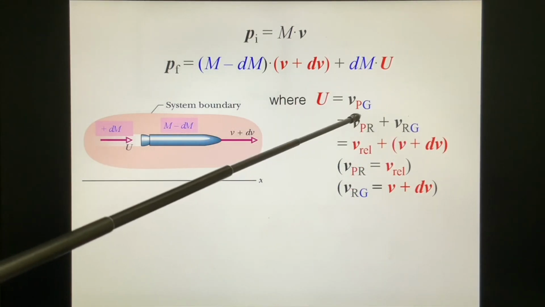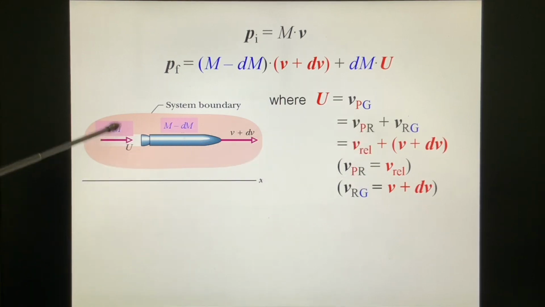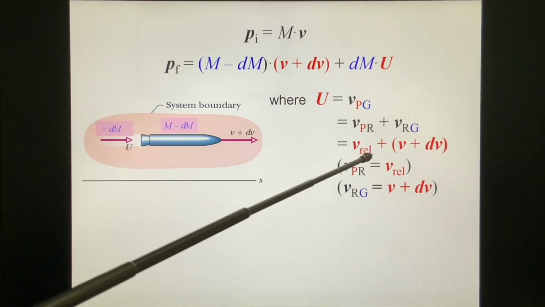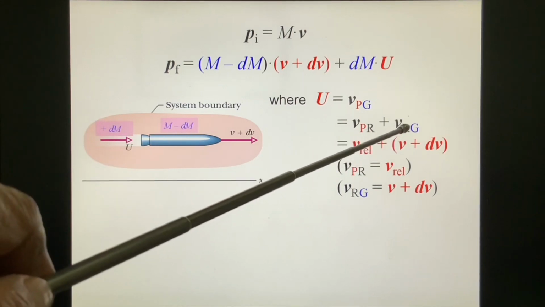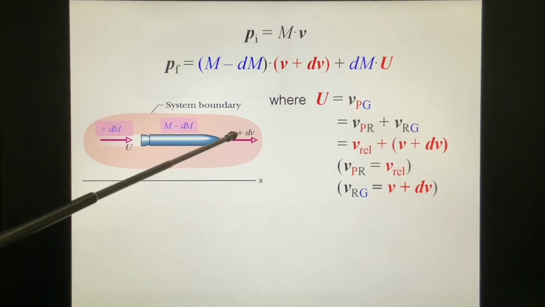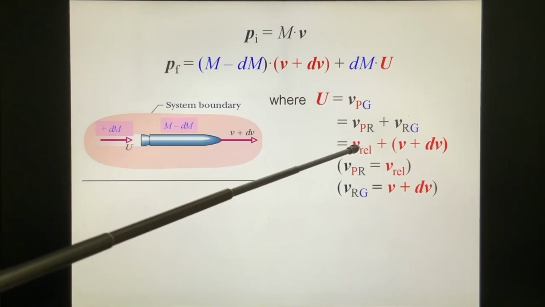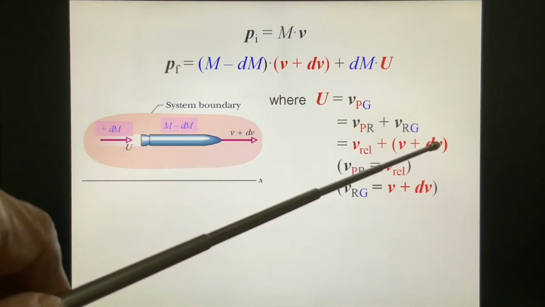And this one is the relative speed of the prepared products and the rocket. We call it V relative. And this is the velocity of the rocket in the ground, which is V plus dV. So U equals V relative plus V plus dV.